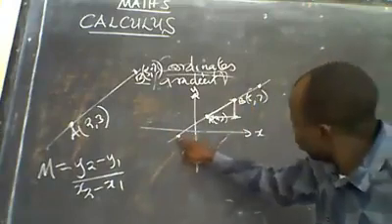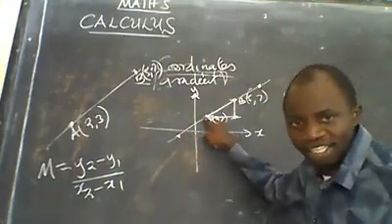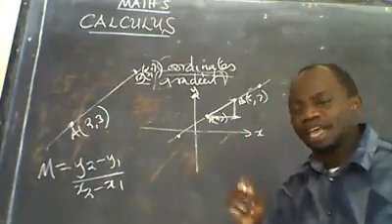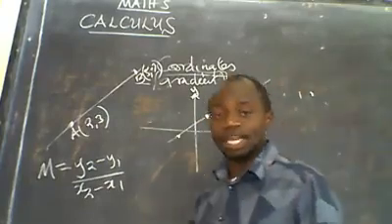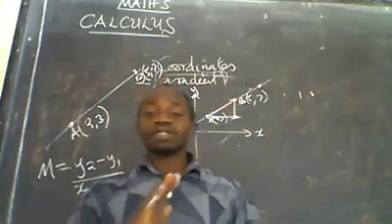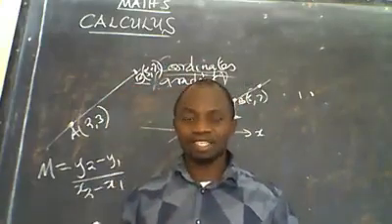If I pick this point and this point and find the gradient, the answer I'll get will be the same as picking this point, as long as they're in the same line. So the straight line has the same gradient.